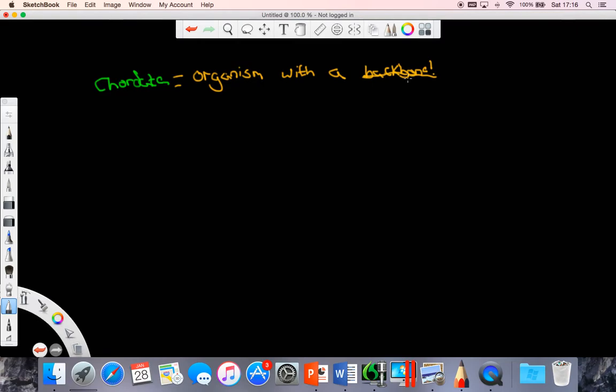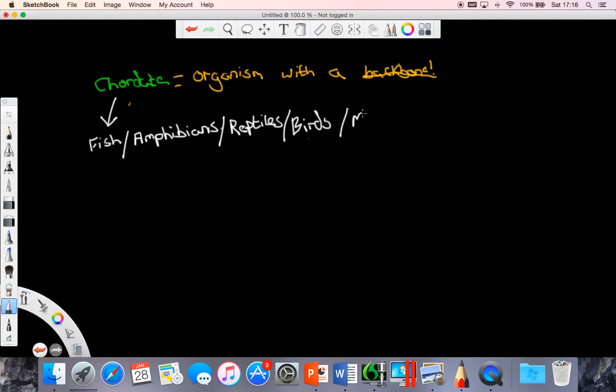So if you think about it, from the group Chordata, you could certainly have organisms such as fish, amphibians, reptiles, birds, and mammals, which we belong to.